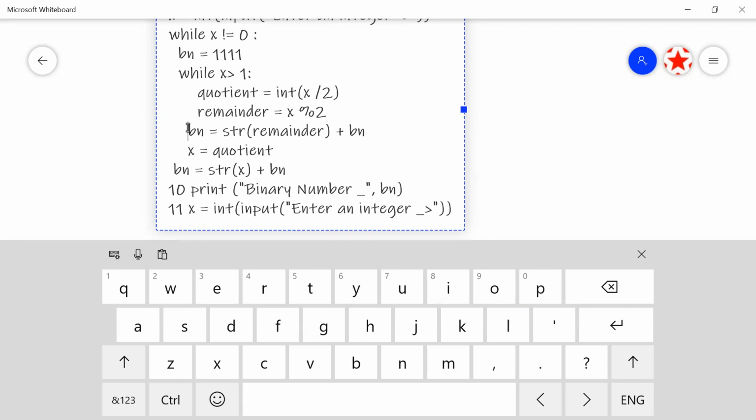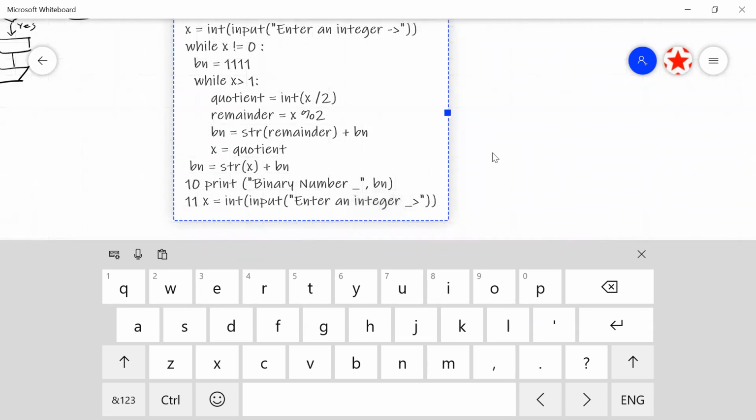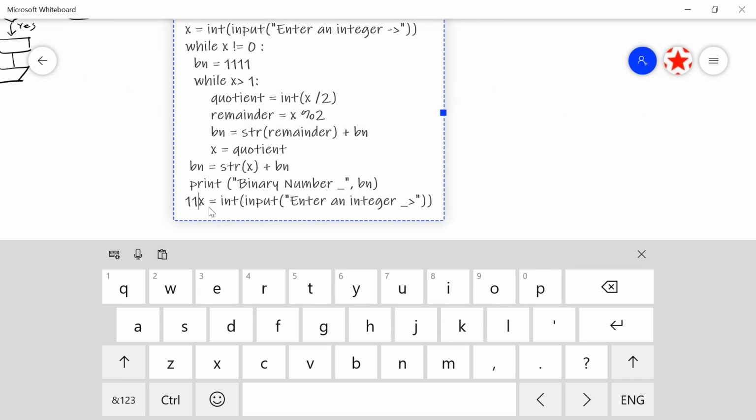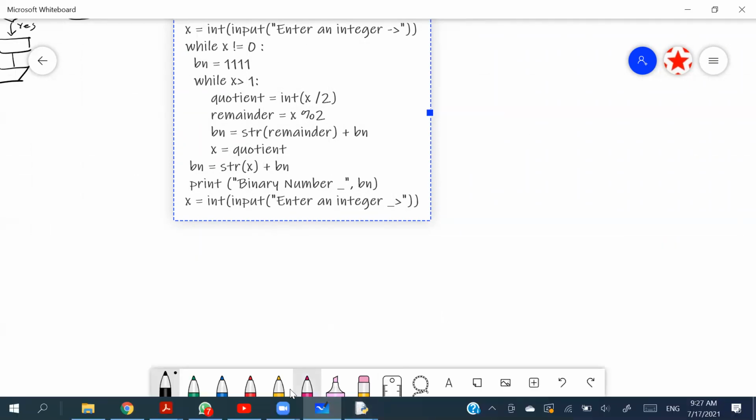So this is the correct answer I have taken. All right, so let me cross-check it with the marking scheme.